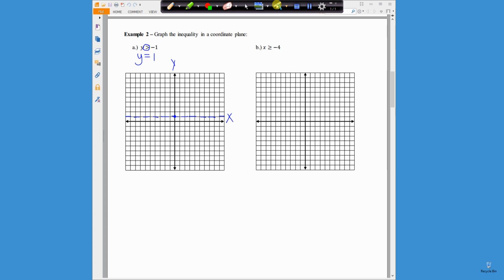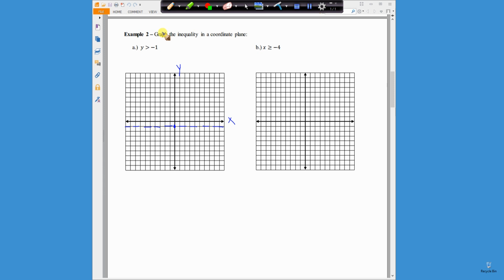Oh, I'm sorry, I made a mistake there. It's -1, so I'm actually graphing down here, forgive me. There's -1, and so you're asking yourself which values for y are bigger than -1. Of course those are all the values up here.